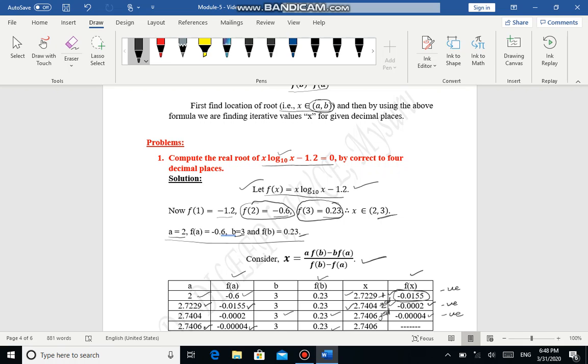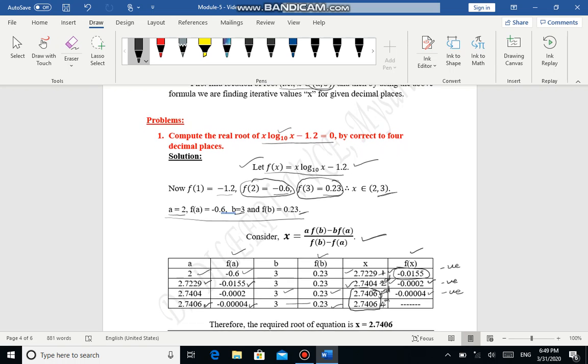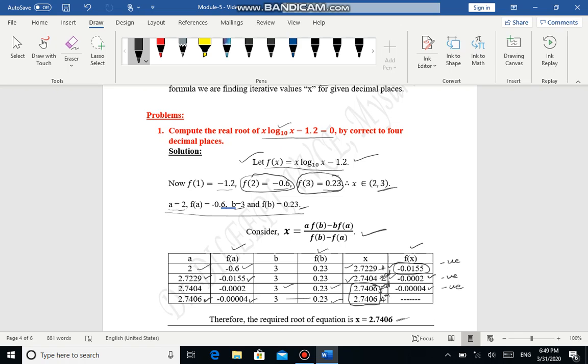B and f of b remain the same. Use this updated value in the formula. The fourth iteration is 2.7406. The third and fourth iterative values of x are equal. Therefore, the required solution is 2.7406.